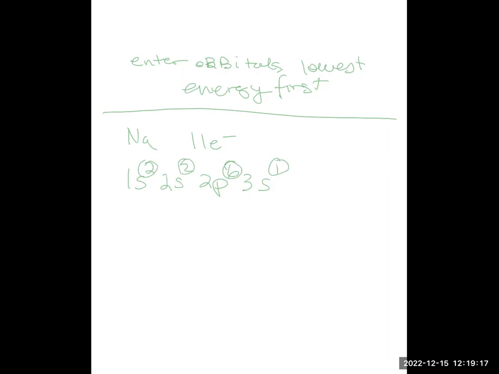Okay, the next thing we want to start talking about is the fact that the highest energy level is the valence level. And for this, it's this. There's the highest energy level. 3 is higher than 2, and 2 is higher than 1. There is 1 electron in that energy level.